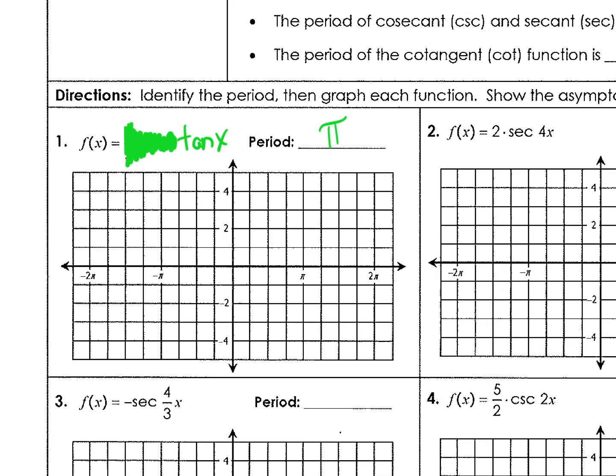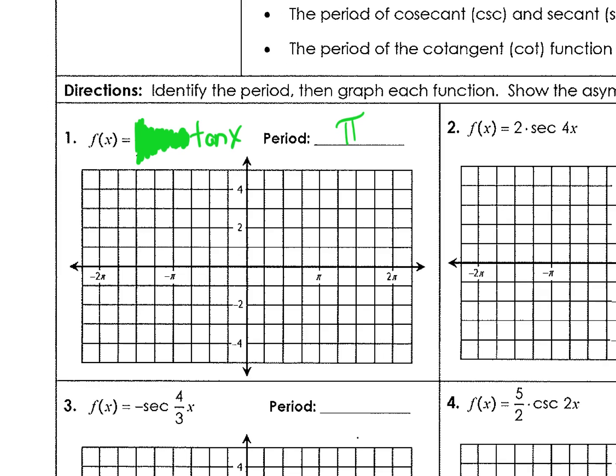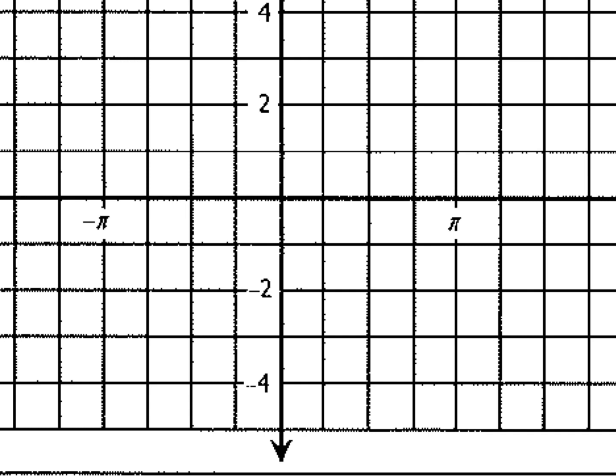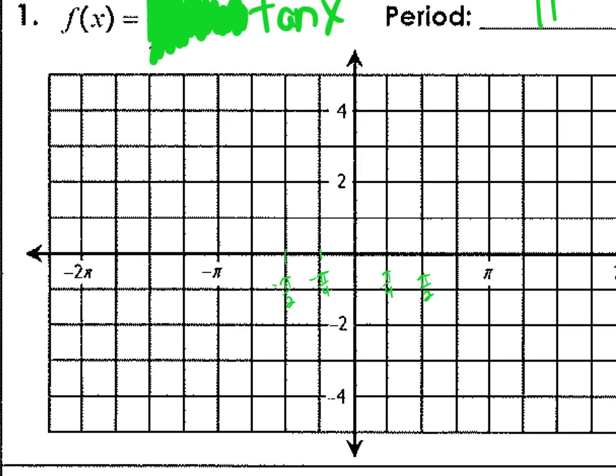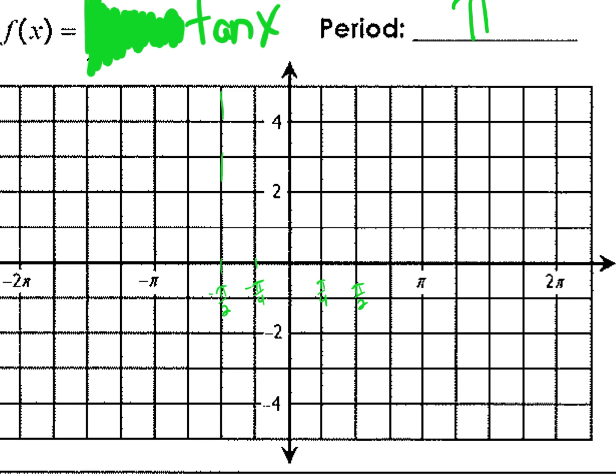So once again, the period for tangent is pi. And we're going to go out pi over 4 and pi over 2. So we're going half the distance to the right and then half the distance to the left. And then that's where our asymptotes are.